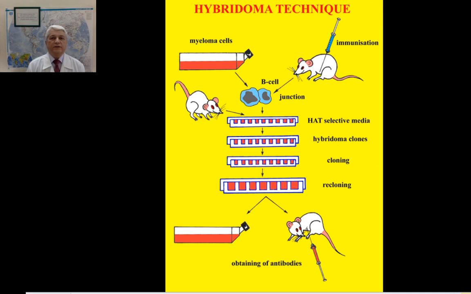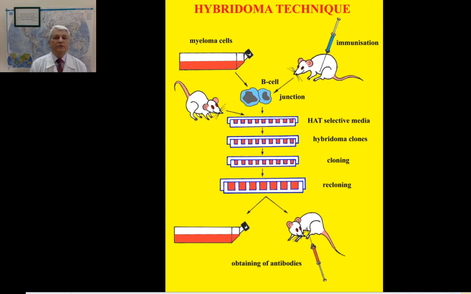And the problem is that malignant tumors originate from B lymphocytes, which are producing antibodies that we don't need because we don't know the specificity.